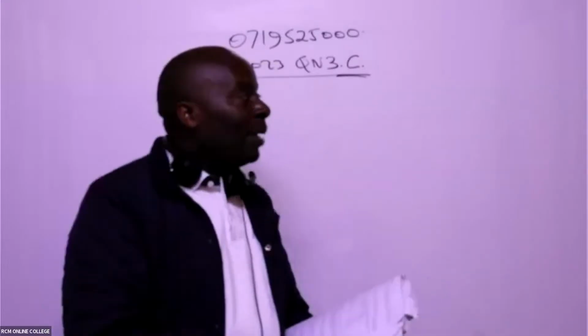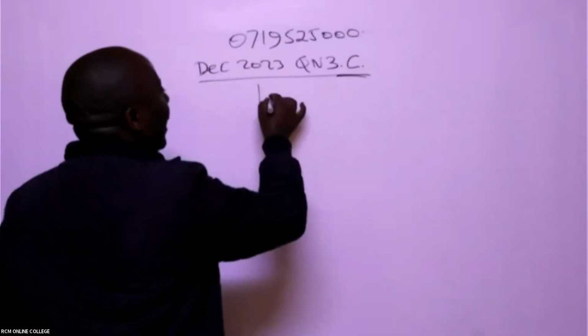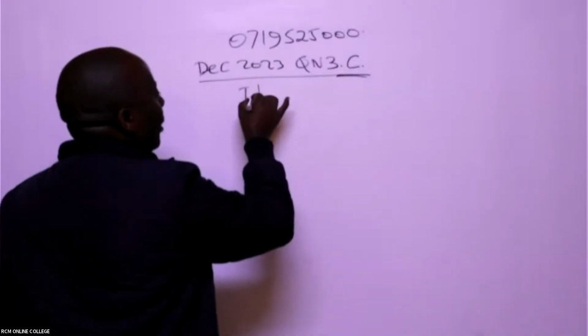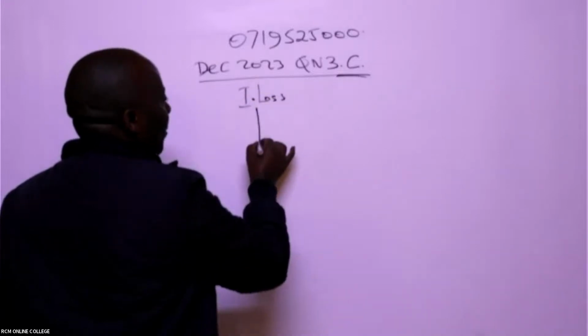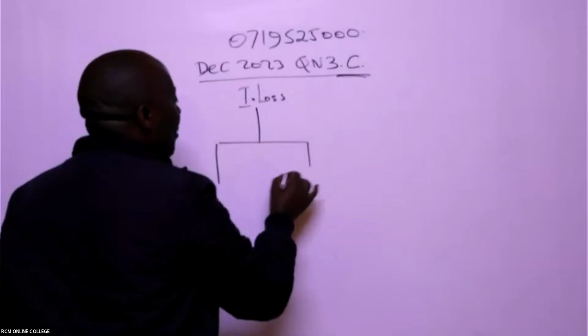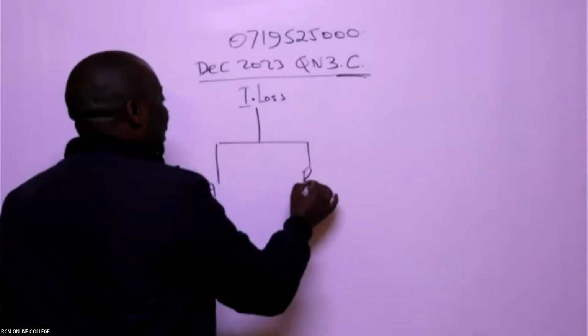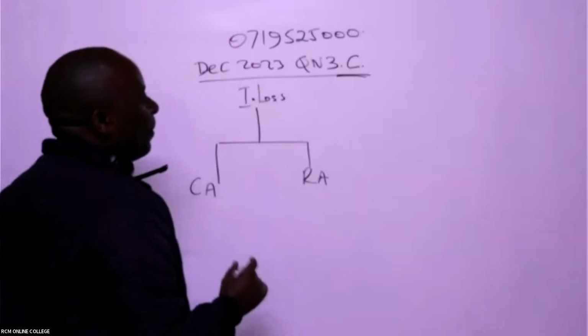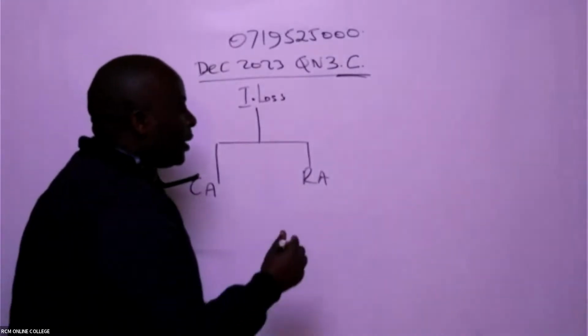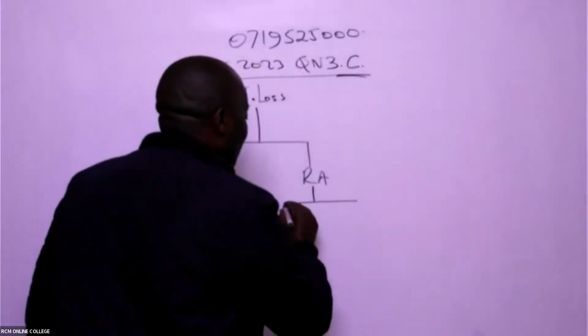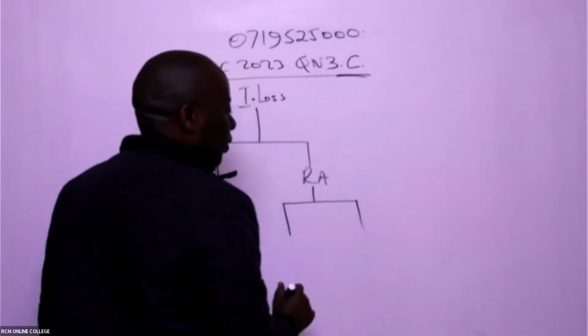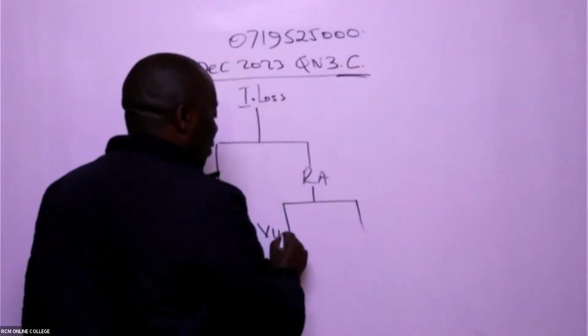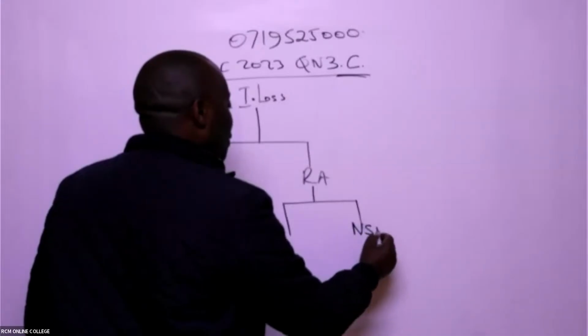So at the back of my mind, I know I've got my impairment loss, IL, and I know the formula: impairment loss is CAR minus RAR. And this RAR has two components: the VU, the value in use, and the net selling price.